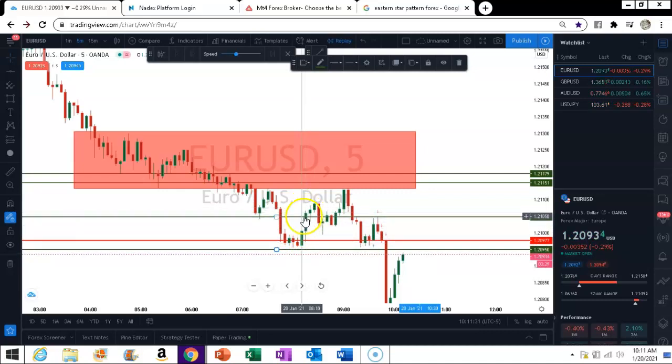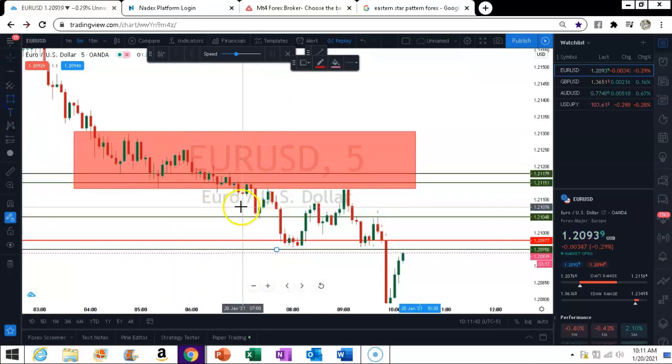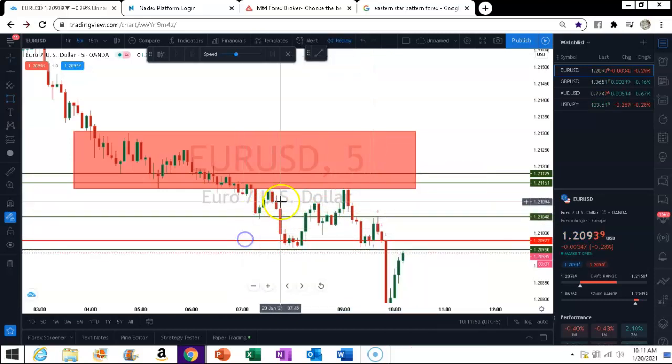and I ride it all the way up to the next support level, which is support and resistance level, which is right here. This is where I would get out. Right here. I would get out right at this point. Just right here, next support level.